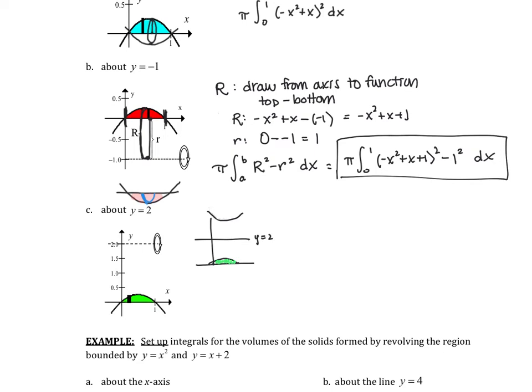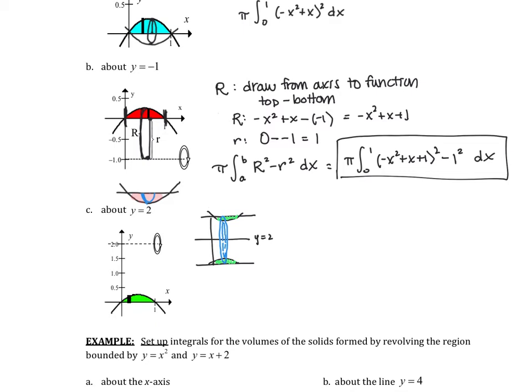Might have it look something like this, right? And so rotating this shape around, we can see that this is very clearly going to be the washer method, because when I rotate this around, there's going to be a big gap between the two, and you can see the outer and the inner radiuses here, or radii.